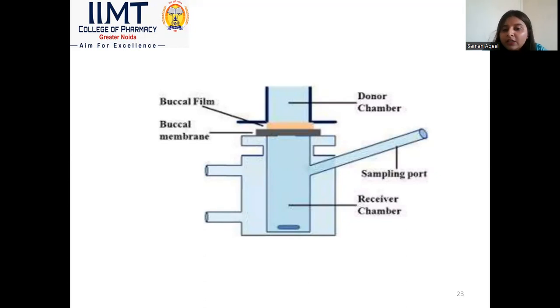This is the sampling port. You extract the sample from time to time from this sampling port with the help of a fine syringe, and the sample is analyzed with the help of UV spectroscopy, to see how much drug is released within several hours.